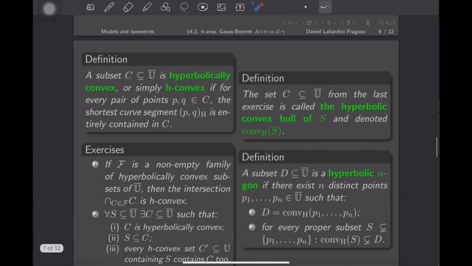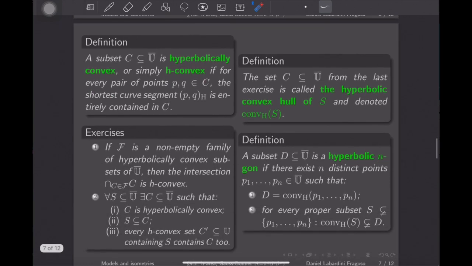So what I'm saying is that every pair of points in U bar determines a shortest curve, and it is conceptually better to define hyperbolic convexity for subsets of U bar, allowing us to start with sets of points contained in U bar and not only in U.